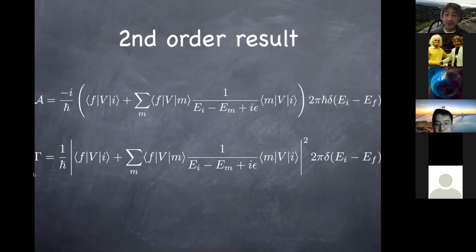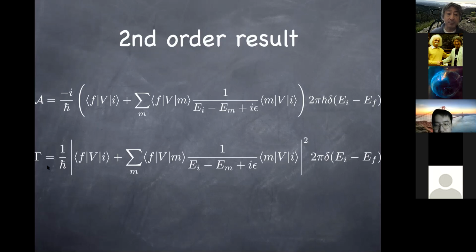And for the rate of transition, I use the square of this delta function, and one power of the delta function turns into the time interval. So you divide both sides by the time interval to get the rate of transition. I call this gamma. In the lecture notes, I use W, and for a reason, and you'll see why later on.